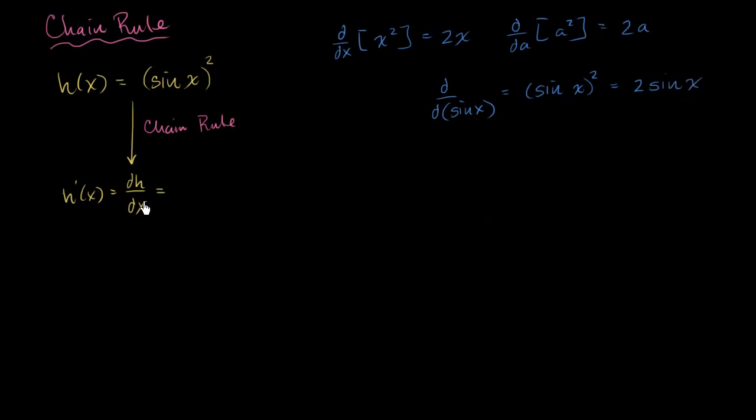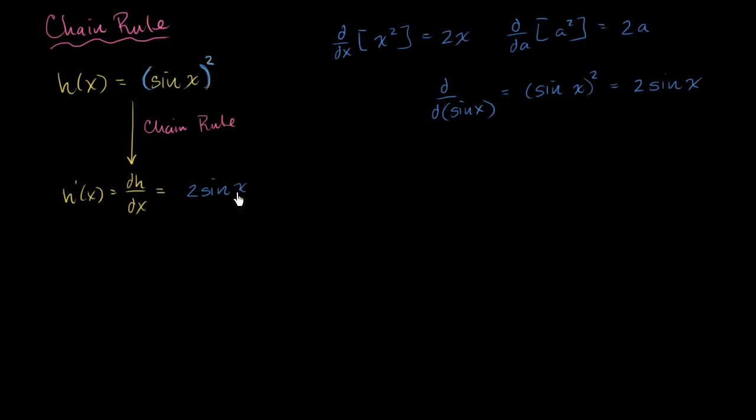Now, the chain rule tells us that this derivative is going to be the derivative of this outer function, x squared, with respect to sine of x. So that's going to be 2 sine of x.